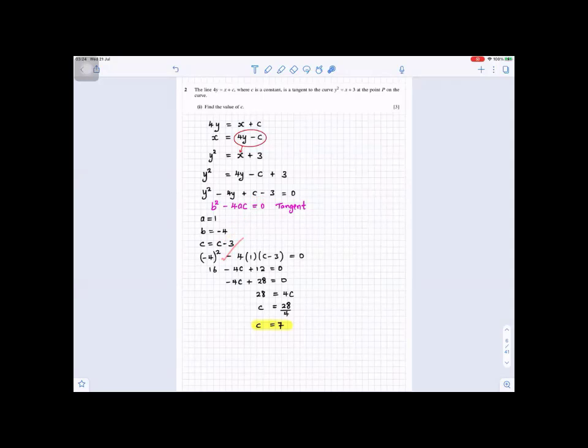So (minus 4) squared minus 4 times 1 times (c minus 3), and you would get 16 minus 4c plus 12, since minus 4 times minus 3 is 12. So 16 plus 12 is 28. Minus 4c goes to the right, becomes plus 4c. So c is 28 divided by 4, which is 7.